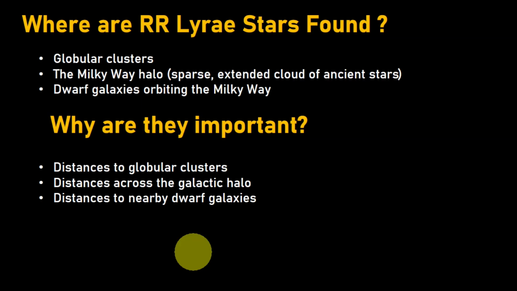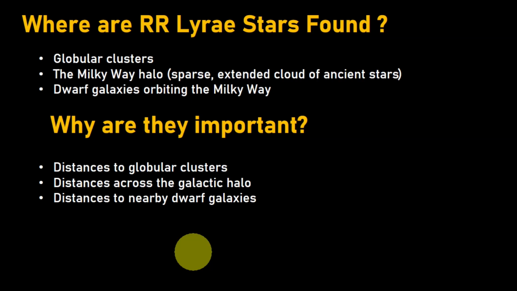So in terms of where they are found, like I said before, RR Lyrae stars are found in globular clusters, in the Milky Way halo, and in the dwarf galaxies orbiting our Milky Way galaxy.